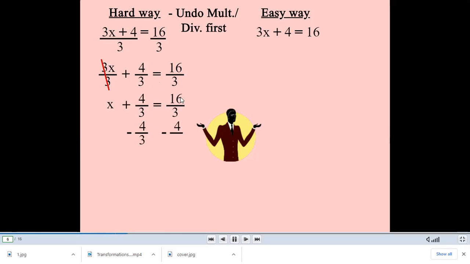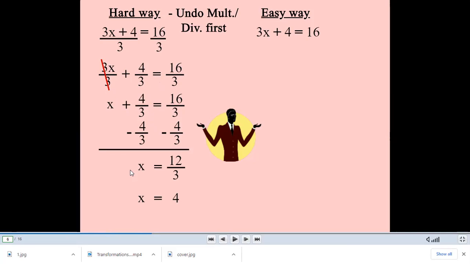I will add the additive inverse for both. So by the end, I have x equals 12 over 3, which means x equals 4. So this is the hard way, but we can't say it's wrong. We can accept it. But we have another, easier way.